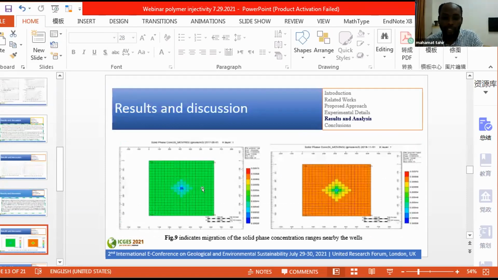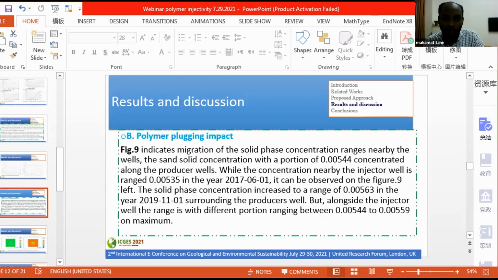Here we can see on our 2D the presence of solids with a given concentration of 0.005 along the area nearby the producer well, while the concentration nearby the injector well is 0.0053.